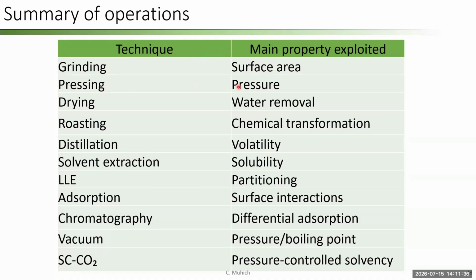Pressing uses pressure, and is combined with filtration, which uses a size difference. Drying is used for water removal, and uses differences in volatility of the water or whatever you're trying to dry, and some sort of unsaturated gas phase. Roasting is used to drive chemical transformations.